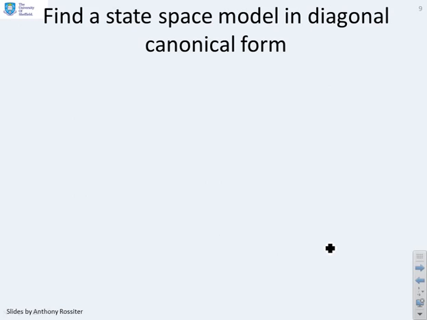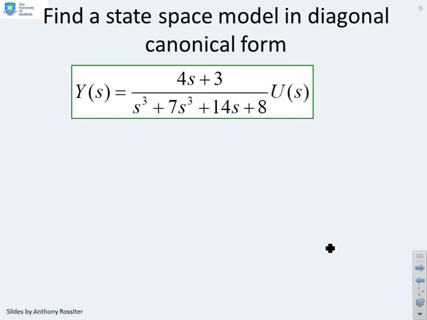Okay, this question says find the state space model in diagonal canonical form. So there's the model, and you remember, to do diagonal canonical form, the first thing we've got to do is partial fractions. So I'm going to write the partial fractions for this system.